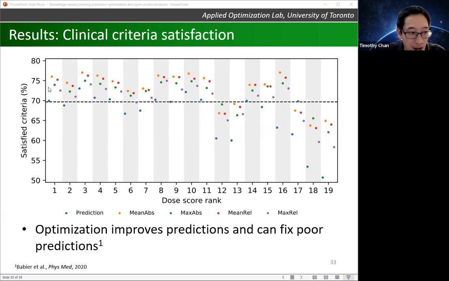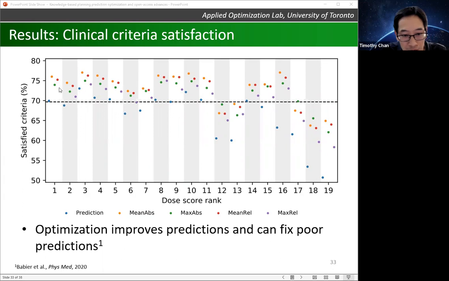This blue dot says what fraction of the satisfied criteria this plan is satisfying. So if you have a lower MAE, it doesn't mean you'll actually satisfy more criteria than another one, because it depends on where you are relative to these thresholds, right? You can have many that are just off by a threshold by a little bit, or you can have many that are very far off from the threshold but satisfy a bit more.